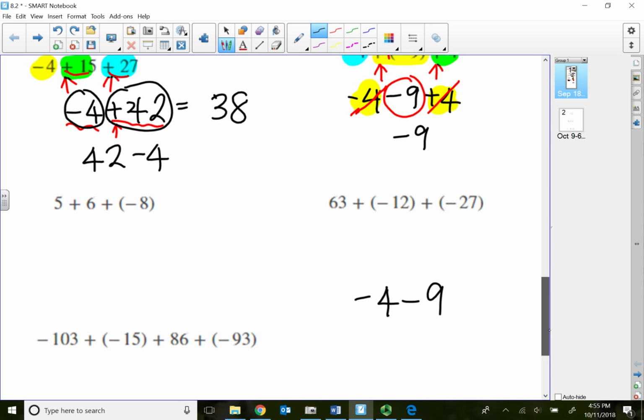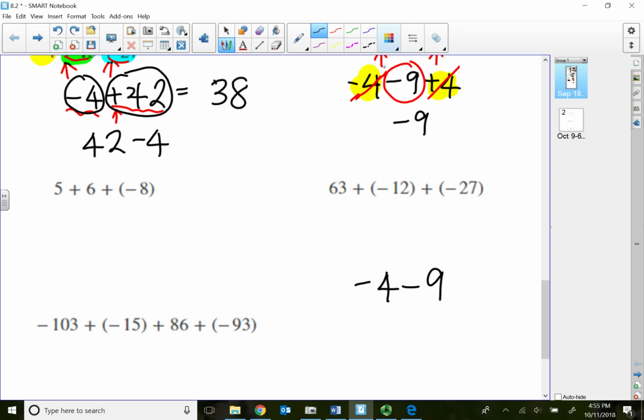That's why I want to show students this particular way. I did -4 plus 4 first. If I want to do it from left to right, -4 minus 9, terms with the same sign, you add, so that's -13. I want students to be able to do this quickly, otherwise it's too much thinking involved. If we can remember terms with the same sign we add, different sign we subtract, then algebra gets a lot easier to understand.